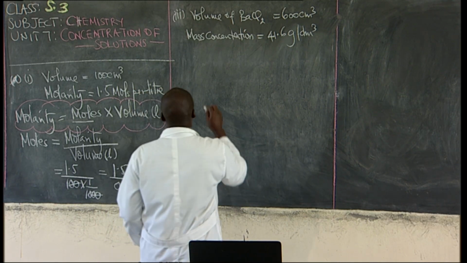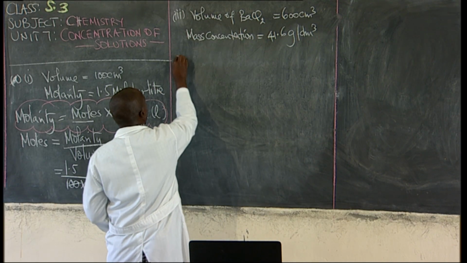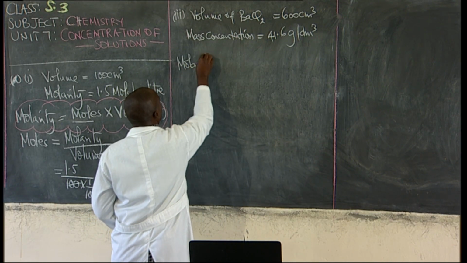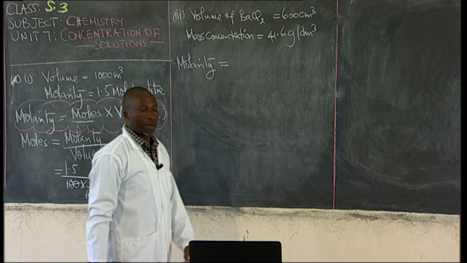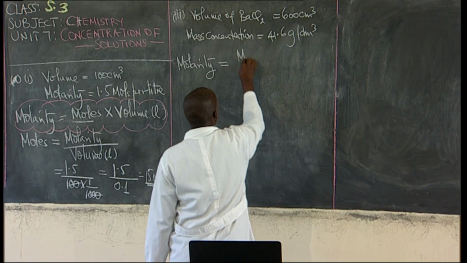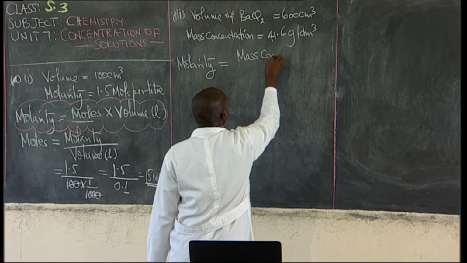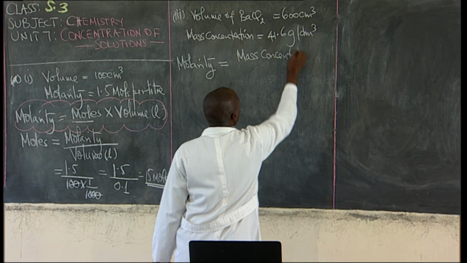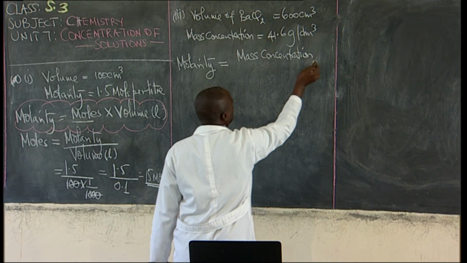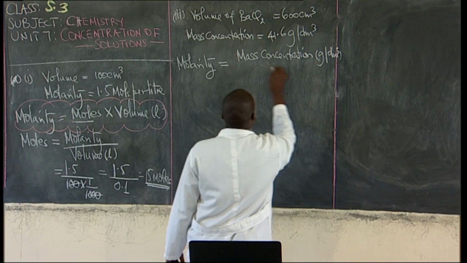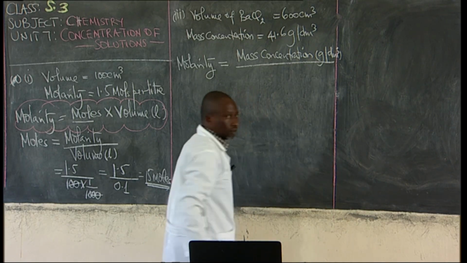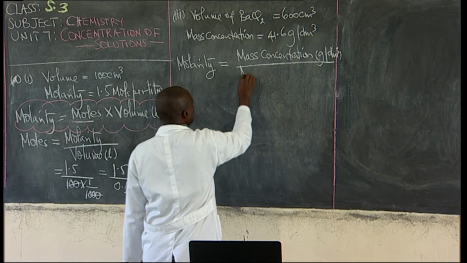So that we get the molarity. Here we say molarity, another important formula that you need to remember, will be equal to the mass concentration, which is given in grams per decimeter cubed, divided by the molar mass.